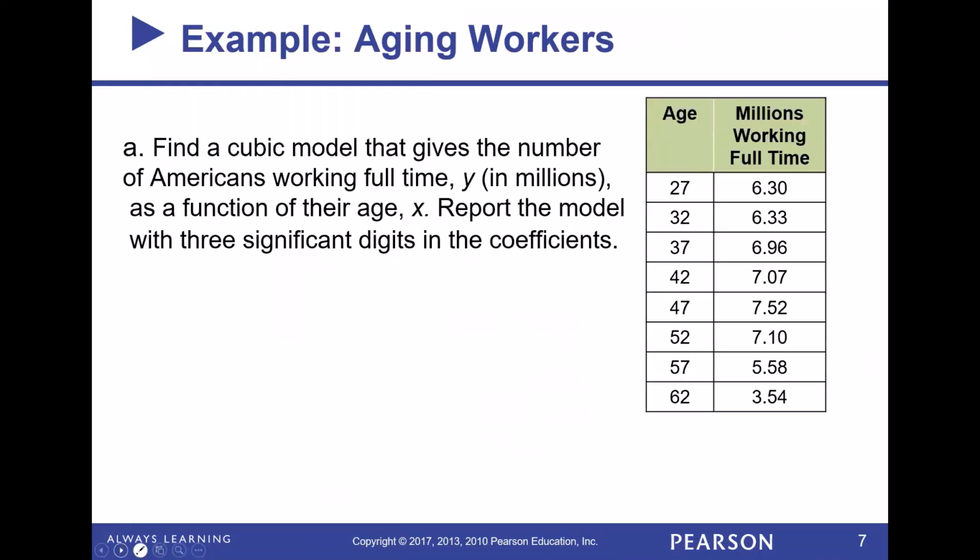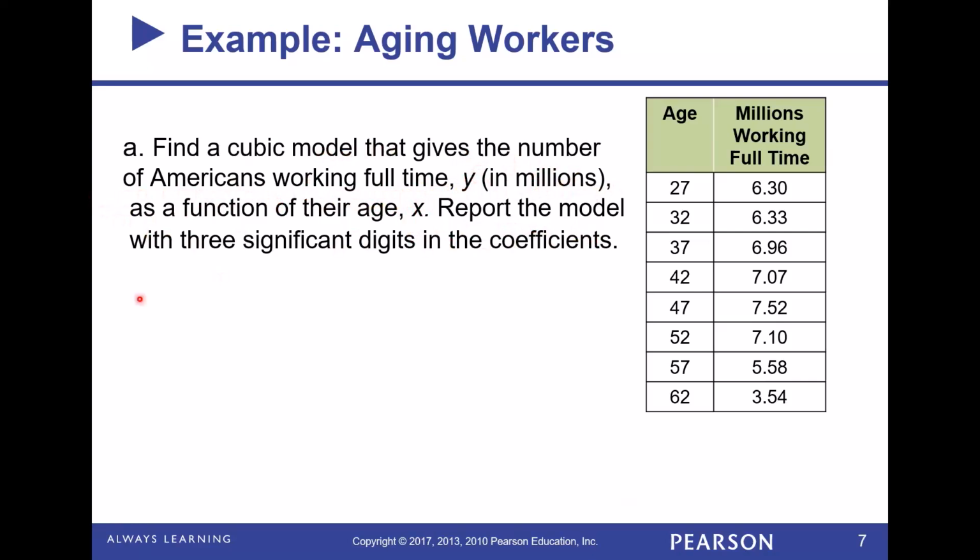Okay, so let's actually do a function itself. Let's actually try this out. To start us off, if you want to, pause the video and plug this all in your calculator. We're going to find a cubic model that gives you the number of Americans working full-time. Y is going to be in millions, as a function of their ages, whereas X is the ages.